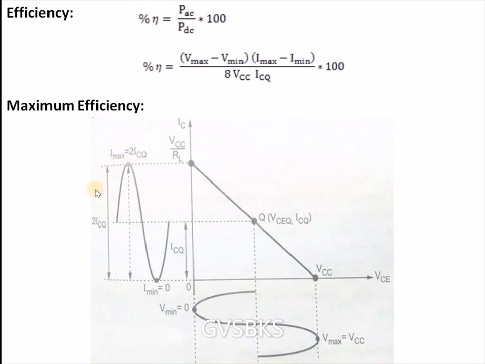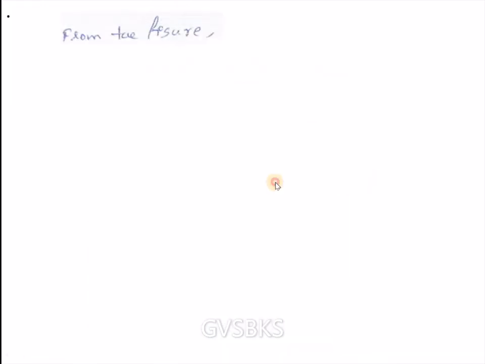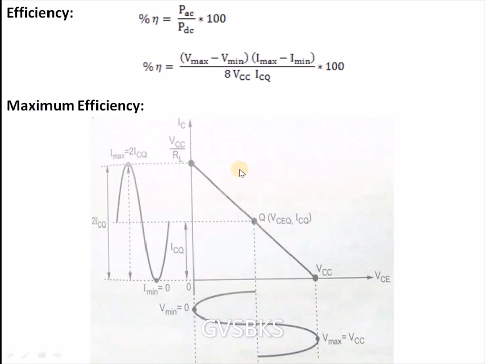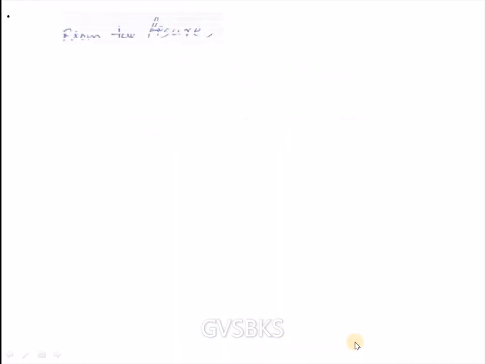is equal to 2ICQ. From the figure we can note down Vmax is equal to VCC and Vmin is equal to 0. Imax is equal to 2ICQ and Imin is equal to 0. These values are given from this figure. Minimum is zero, and the maximum current is 2ICQ and maximum for the voltage is VCC.